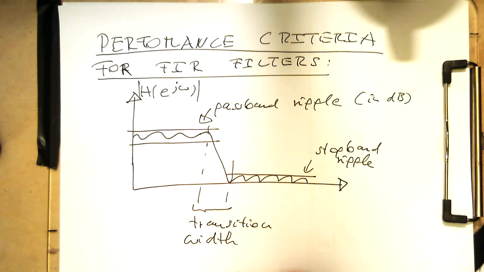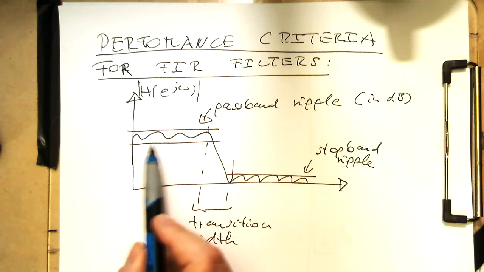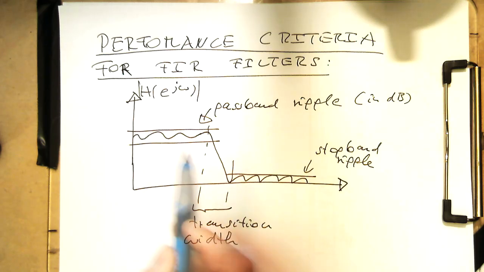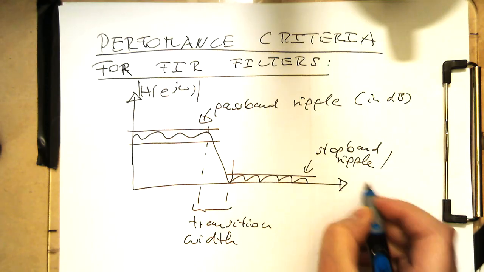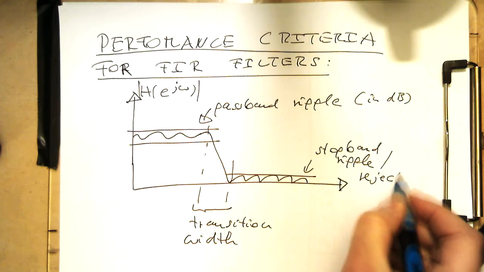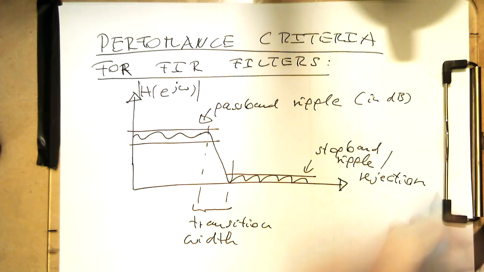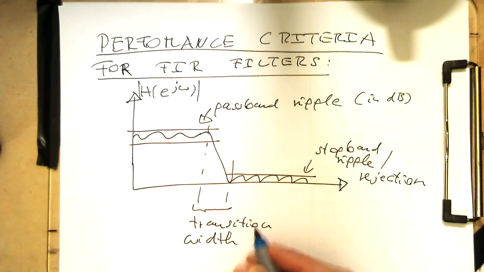So therefore, if we are designing FIR filters, usually we would like to specify the maximum amount of passband ripple, the maximum stop band ripple, or stop band rejection, and then also specify the transition widths.